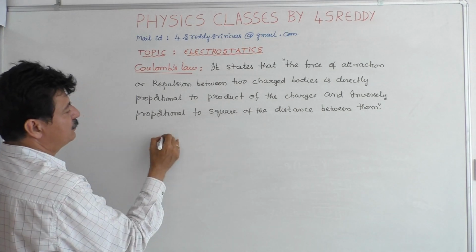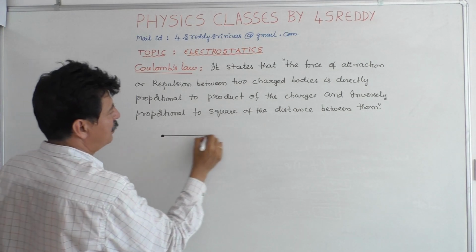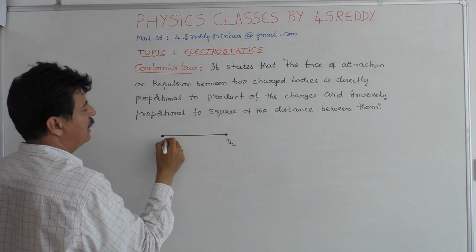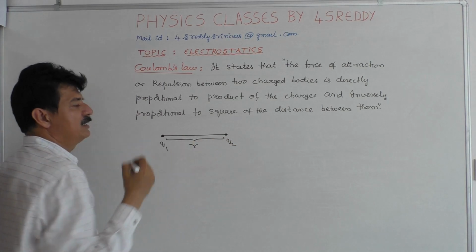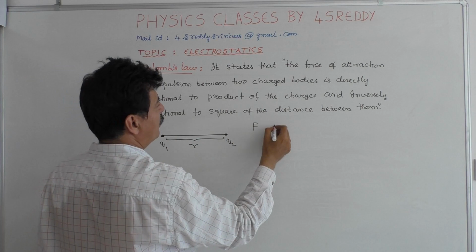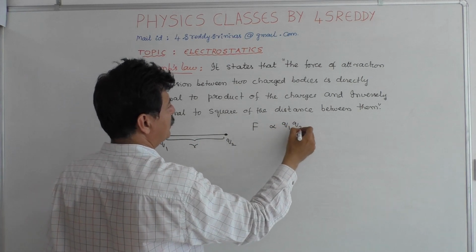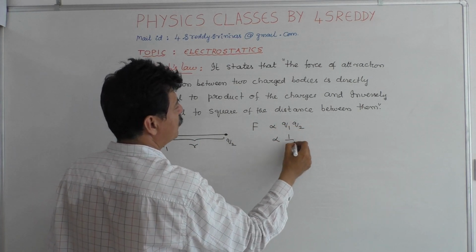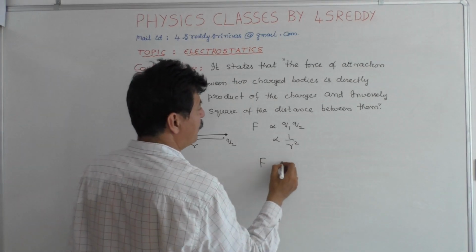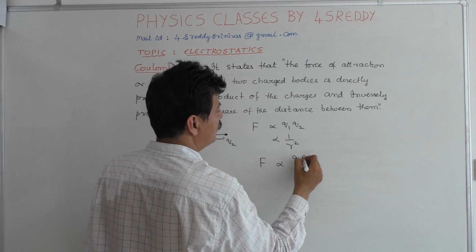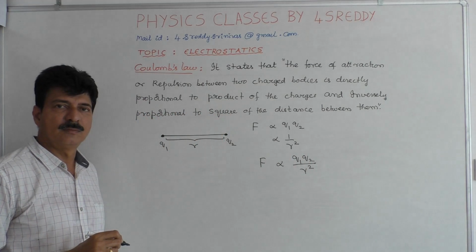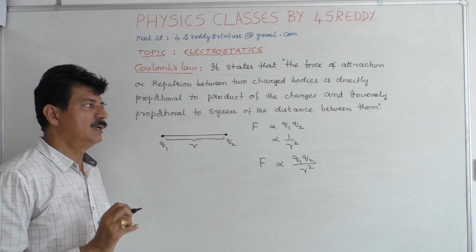Suppose this is a charge Q1, this is the charge Q2, and these two are separated by distance R. Then by the above law, F is proportional to Q1 Q2, proportional to 1 by R square, or F is proportional to Q1 Q2 by R square. This is the relation.